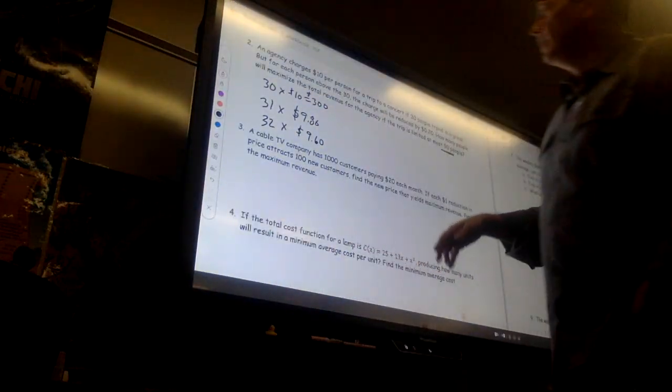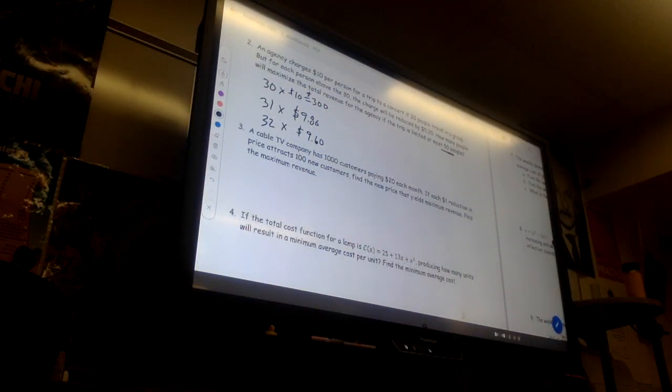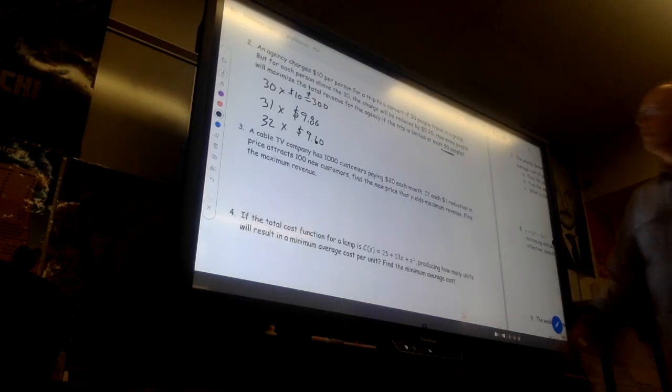If 32 people go on the trip, it's going to be $9.60. And you can keep going and plugging that in to see what would be the maximum total revenue if at most 50 people went. So I could continue my list. I could go 33, subtract 20 cents, 34, subtract 20 cents. Or I could do this.